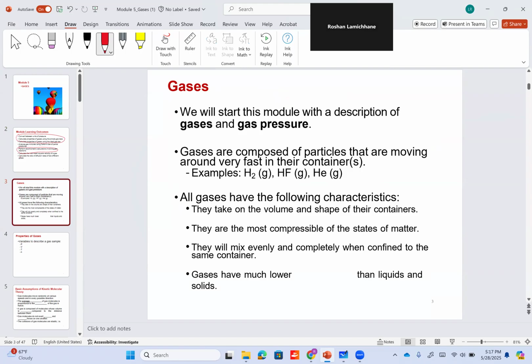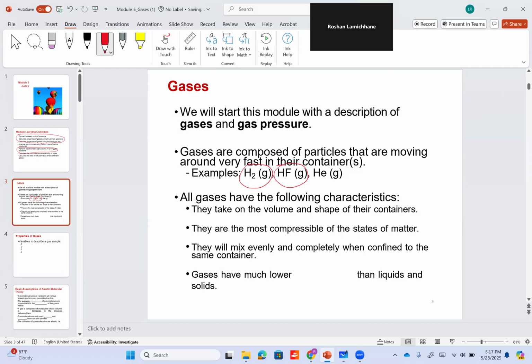These are some of the important characteristics of gases, right? Whenever we think about gases, first, these are some examples of gases. H2 is a diatomic gas. You have hydrofluoric gas. Keep in mind that HF is not really hydrofluoric acid.